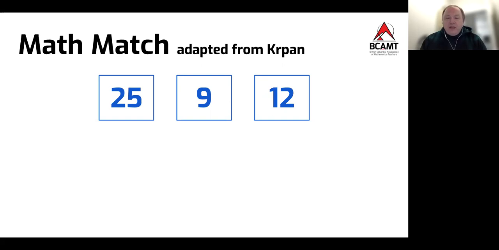Because we have a K-12 audience, this particular example is more elementary focused, but I'll show an upper secondary example in a little bit. These clues are going to progress from primary up through intermediate. You wouldn't give all of these clues to whichever grade you're teaching, but you can make decisions about what clues you would like to use.